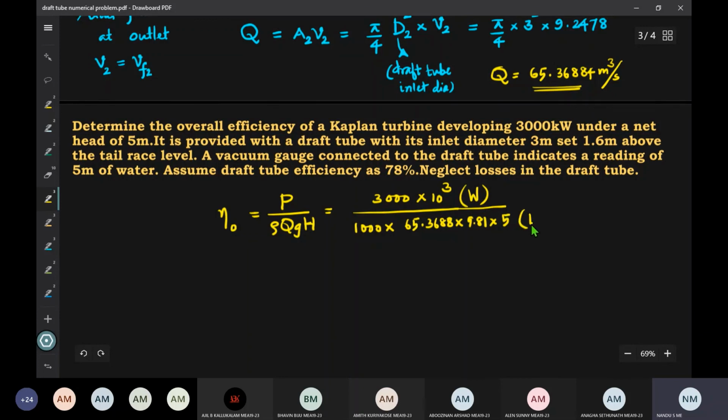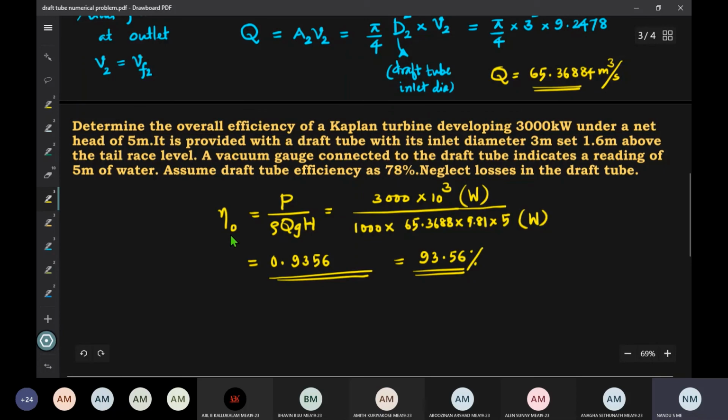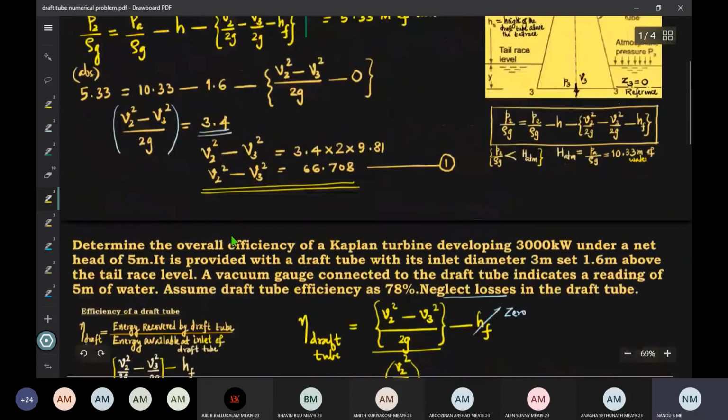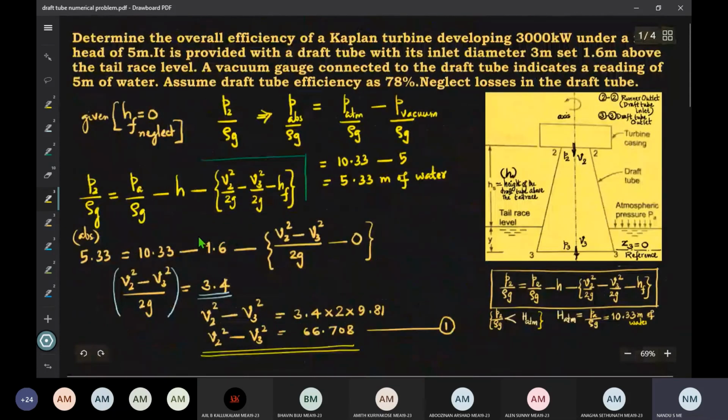Remember, the denominator also is in watts. 0.93562 something. So 0.9356. If you multiply this by 100 and write in percentage, it will be 93.56 percent.